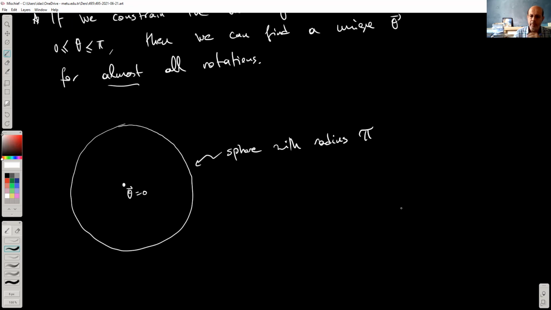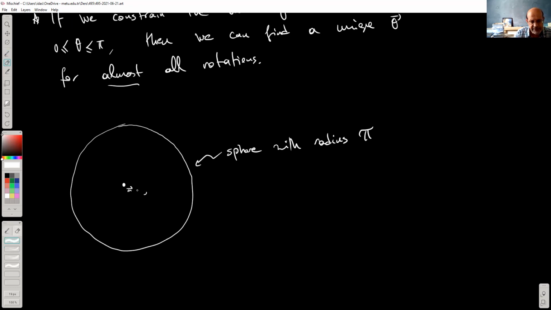Okay, think of it like that. So let's just think about some kind of a rotation. If it is identity, then I know that the angle can be either 0 or 2 pi or 4 pi or whatever, but within that sphere, there's only one point that corresponds to that rotation, and it's basically the central point, right? So that corresponds to theta equals 0. So that's the identity, right?